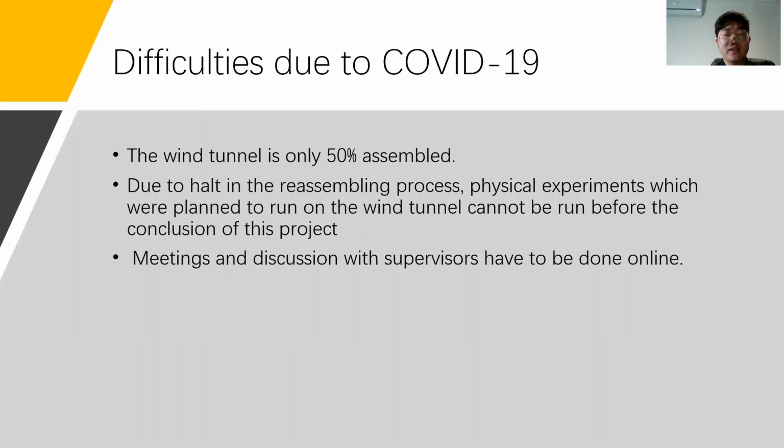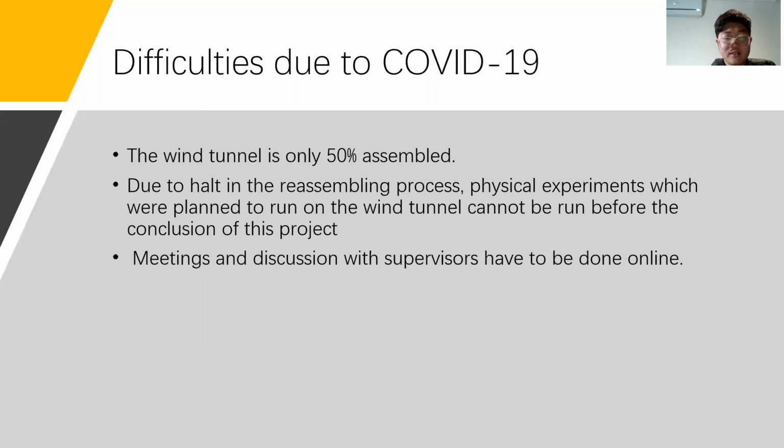The next part is the difficulties due to COVID-19. COVID-19 brings us quite a few difficulties. The most significant one is that we can't go to the lab anymore, when the assembling process was halfway through.